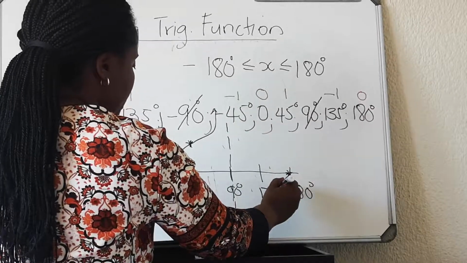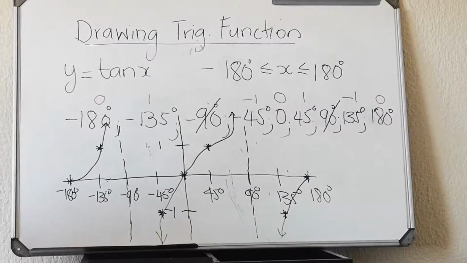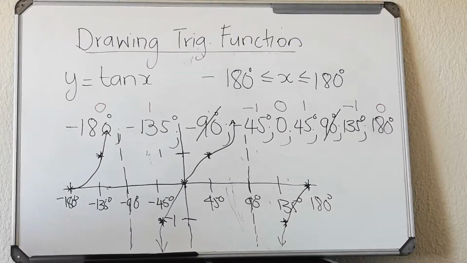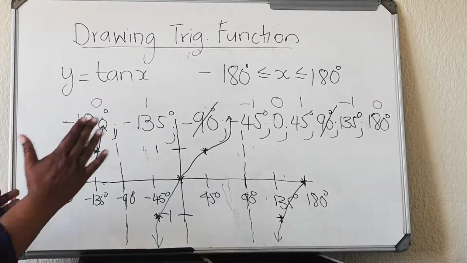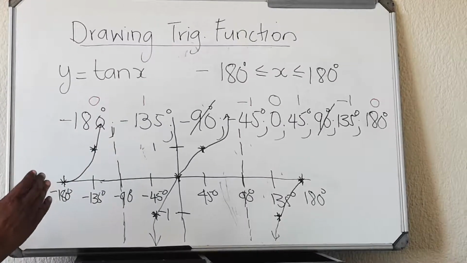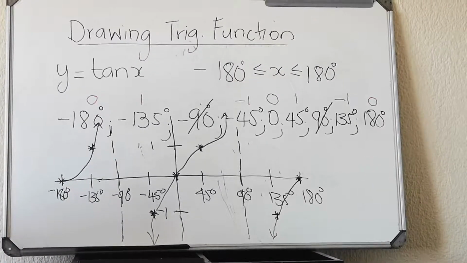This part will go down like that. Then you have your function in the interval that you were given. But the question paper can come with any interval. You just need to know how to draw the standard one, and then you can draw any of them. Thank you.